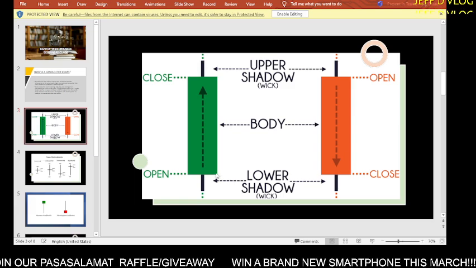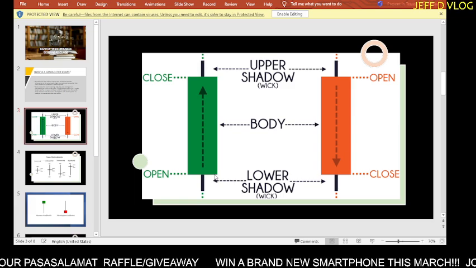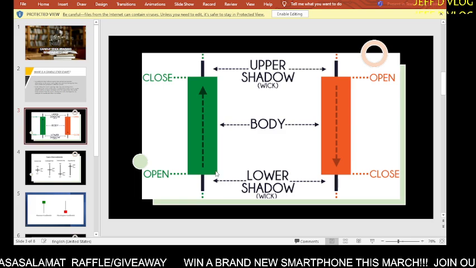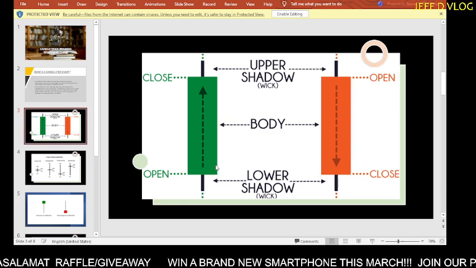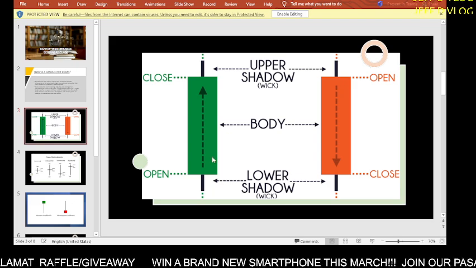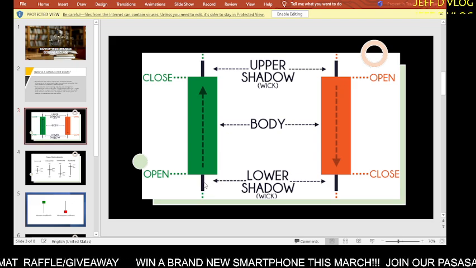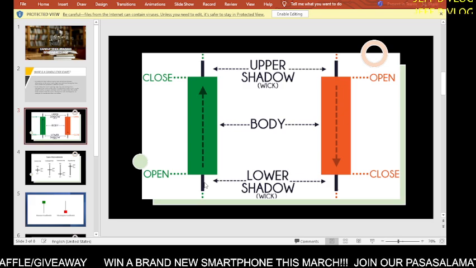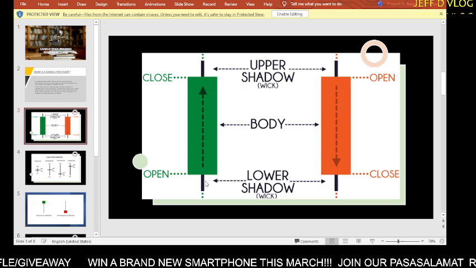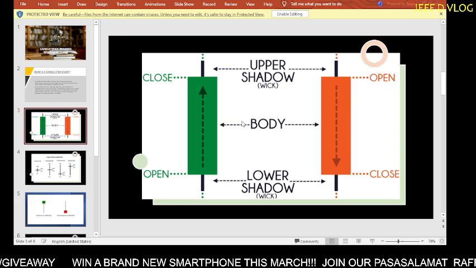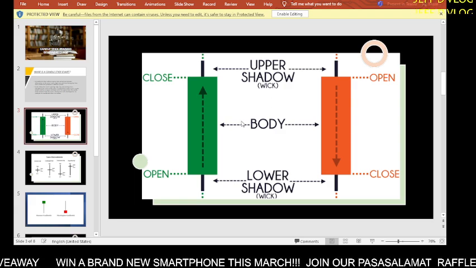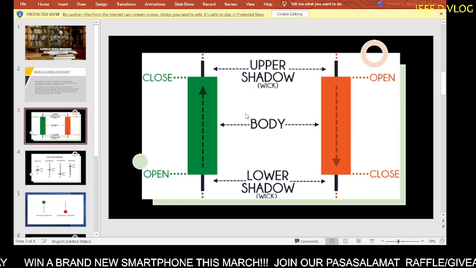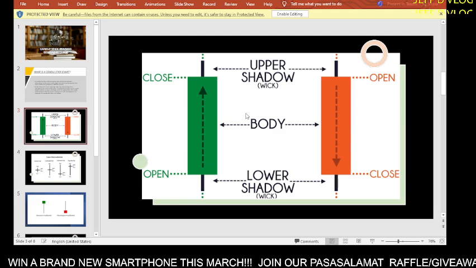The lower wick is commonly referred to as the tail, because it's at the bottom part, and that's the lowest price. But the most important thing here is the body of our candlestick. We also have the direction of the candlestick.